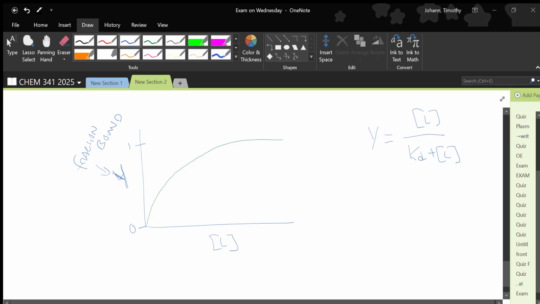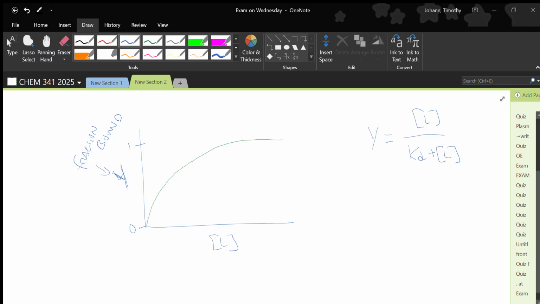And you can see that by, let's say 4. If I put 4 here and 4 there and 4 there, I end up with 4 over 8, right? You guys with me for that? So 4 over 8 is 1/2, right? Anything I put in here where this is equal to this is going to give me 1/2 out. So the math says that it's where half of these things are bound, that's my ligand concentration.